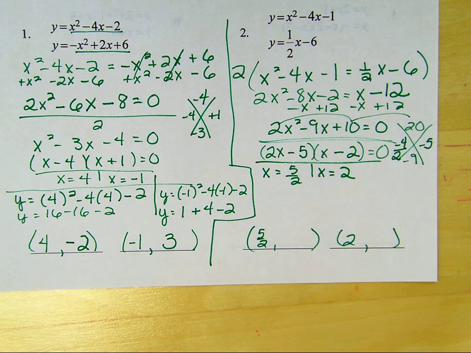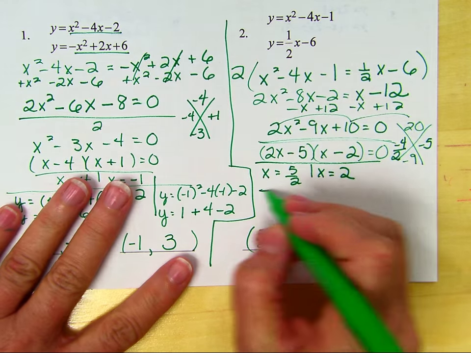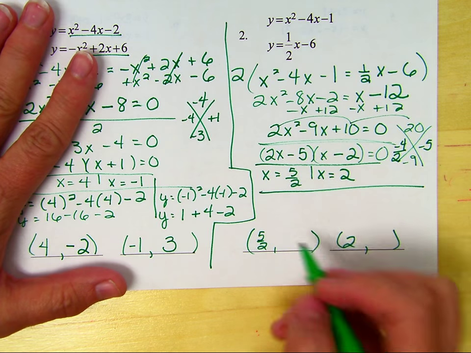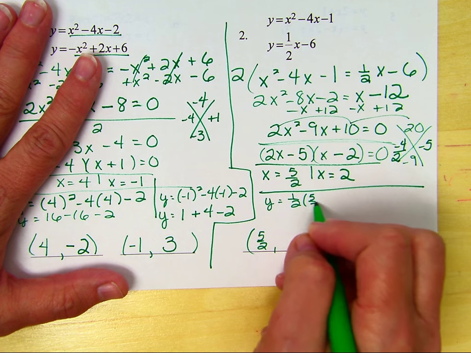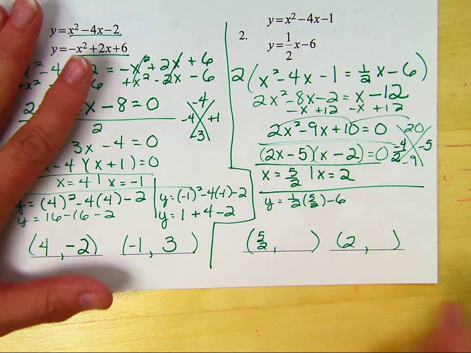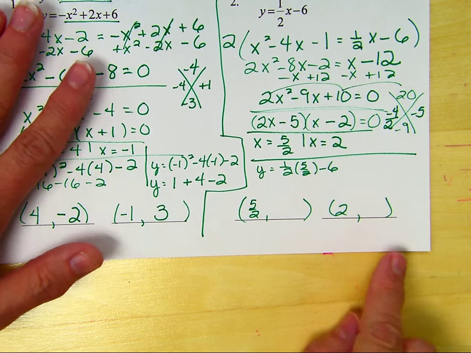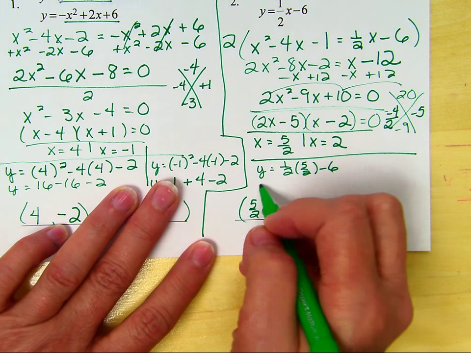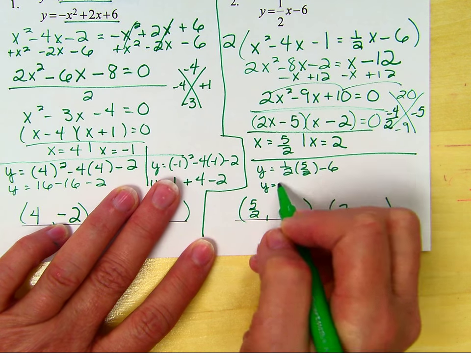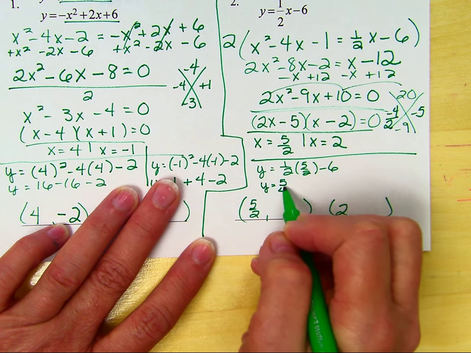Even though there's a fraction in the second equation, it's going to be a lot easier than squaring the fraction and then adding it to a fraction. We're going to use the second equation, okay? So we're going to plug in the 5/2. Y equals 1/2 times 5/2 minus 6. Hopefully you recall, multiplying fractions, you multiply the top and the bottom. So y equals 1 times 5 is 5, 2 times 2 is 4.